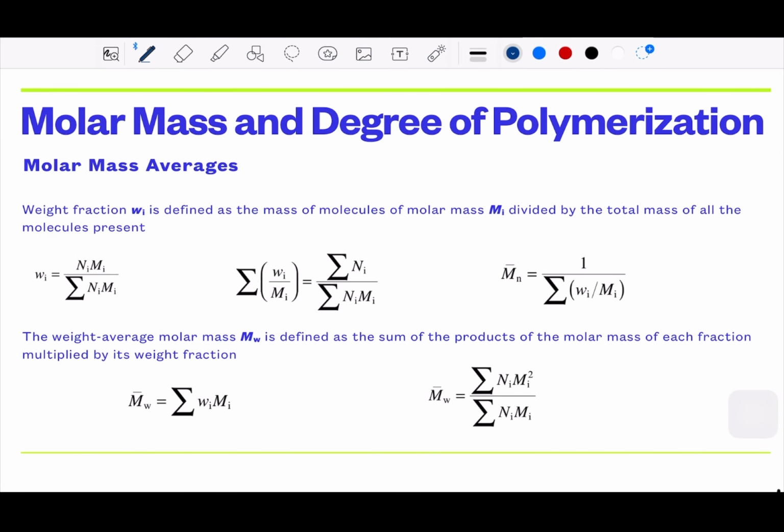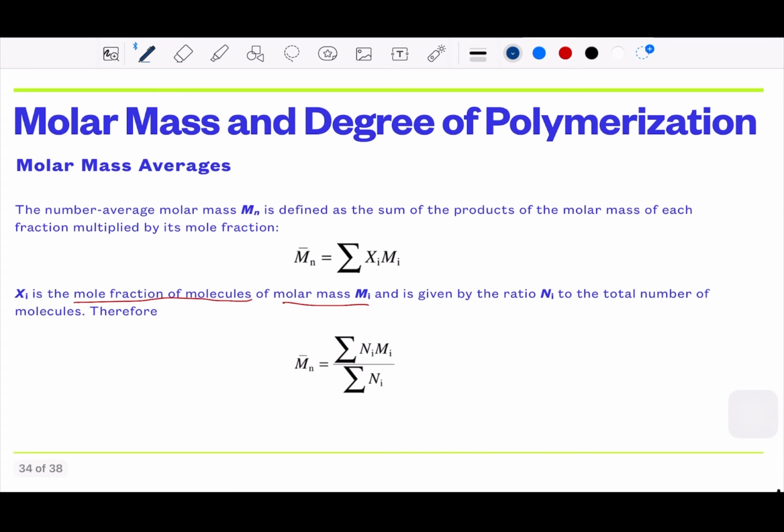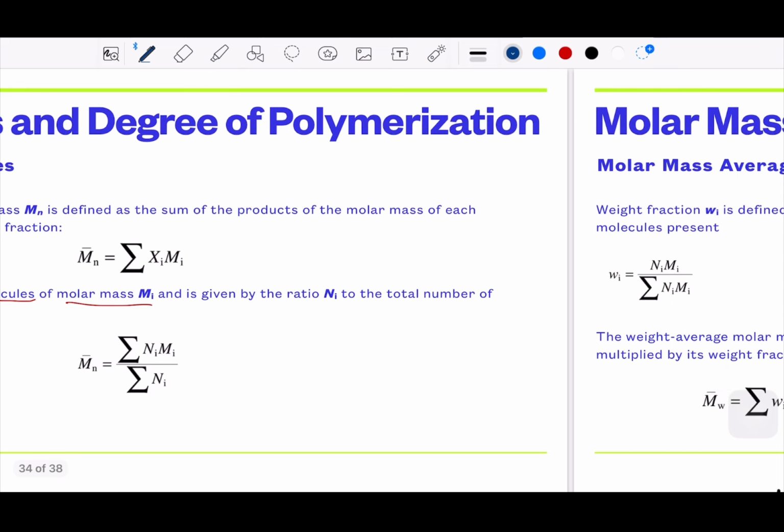Now we look at the weight fractions. If we look from different angles, we can also take the weight. This is actually from the previous one, for the number average.